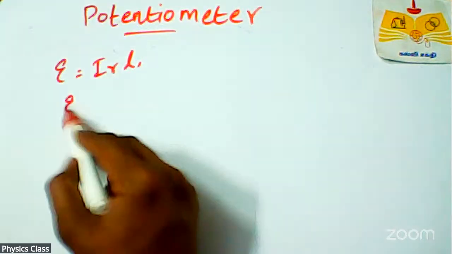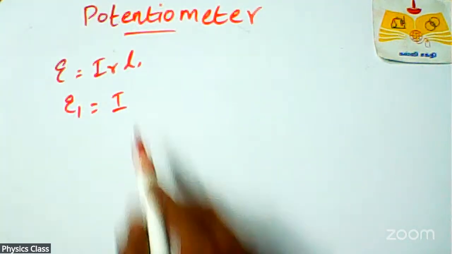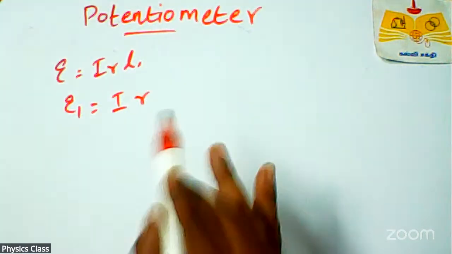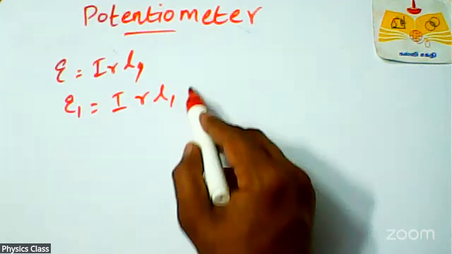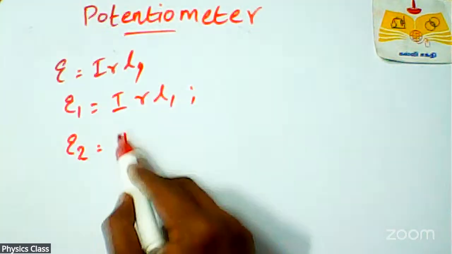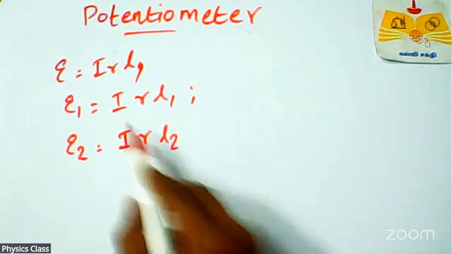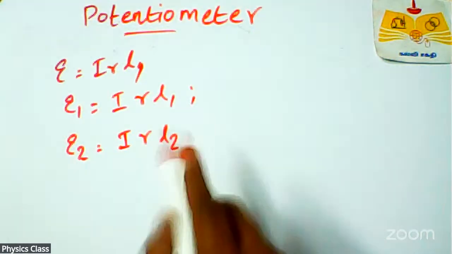For the first cell, E1 is equal to I r L1, same current, same wire, so same resistance. For the second cell, E2 is equal to I r L2, same current, same wire, same resistance, but the balancing length will change.